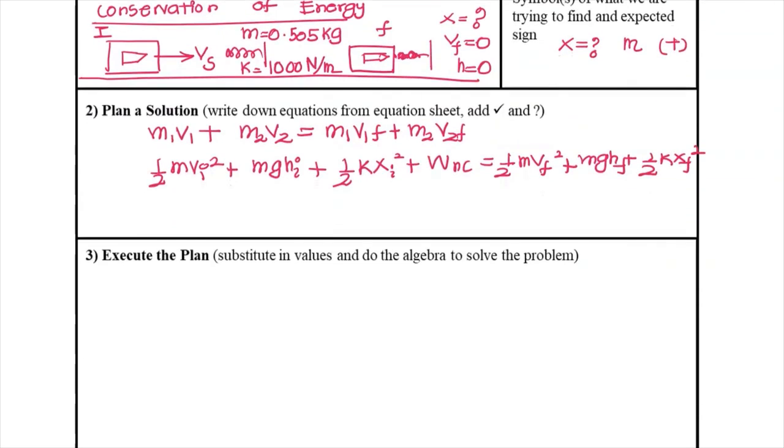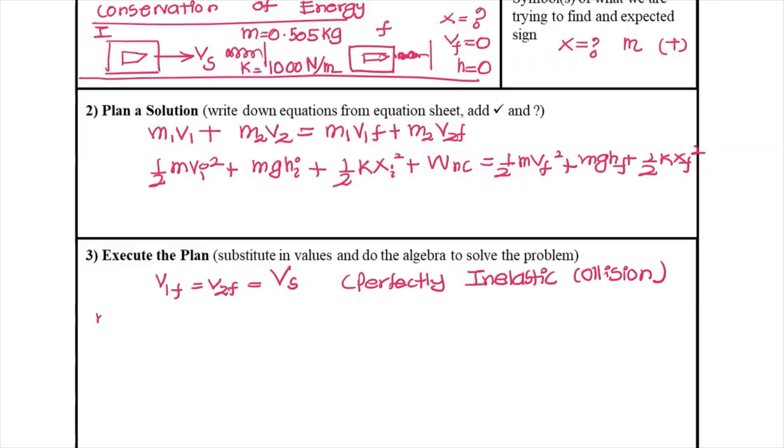Okay, so now let's execute the plan. Just keep in your mind, this is a perfectly inelastic collision because the two objects collide and move as one system, so we expect to have a common speed. We just use Vs to denote the speed of the system after the collision. Mass of the first object times its velocity plus mass of the second object times its velocity is equal to the combined mass of the system times the velocity.